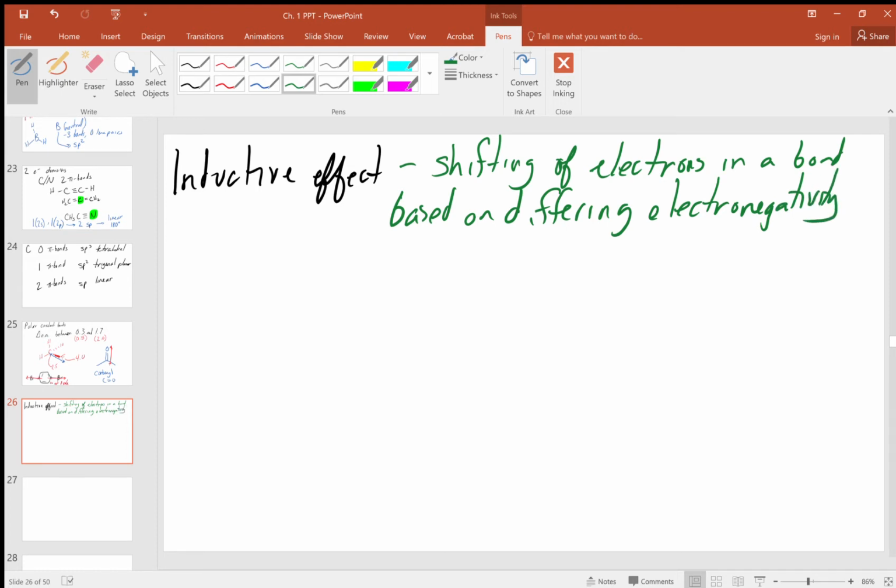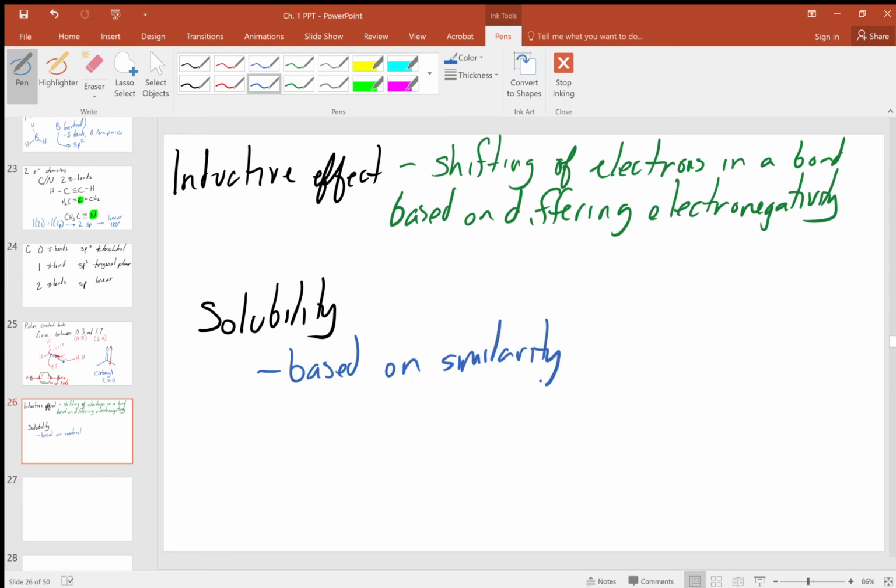Now, this doesn't just influence bonding and reactions. One of the most important things that this also affects is solubility. Solubility is based on similarity in polarity.